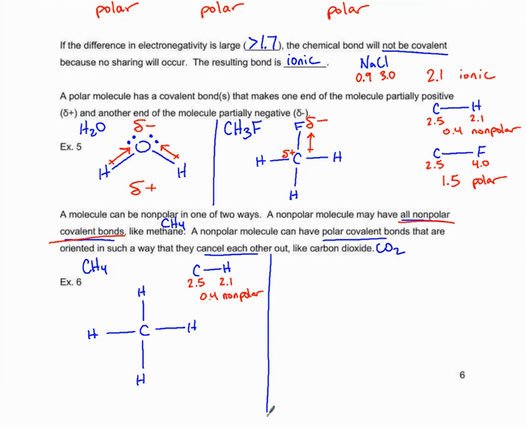The other way that a molecule could be nonpolar is like CO2. And so we've got carbon and 2 oxygens, and we end up with these double bonds, and oxygen has some electrons that it is not sharing.